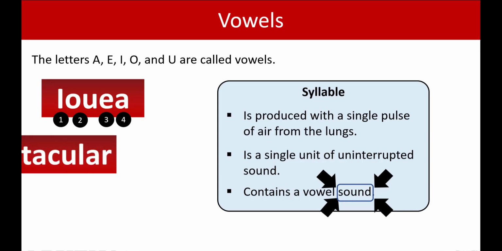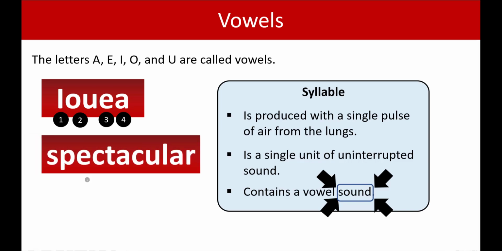So spectacular, spec-tac-u-la. 4 syllables. 4 single pulses of air from the lungs and 4 single units of uninterrupted sound, each one of which contains a vowel sound. And in this case, they all actually contain a vowel.